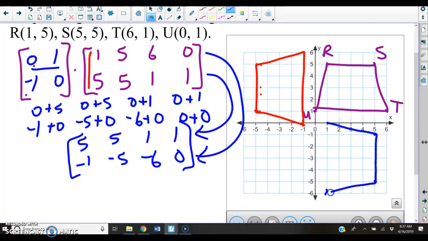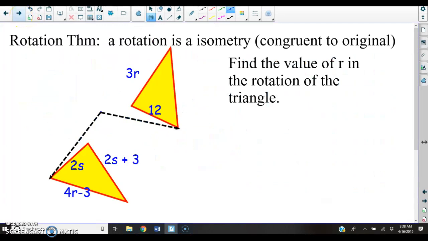And did not that rotate it? It sure did. Okay. So that's one way you can do that. You can also just realize what's happening to each ordered pair, but a matrix could be a handy way to do it.